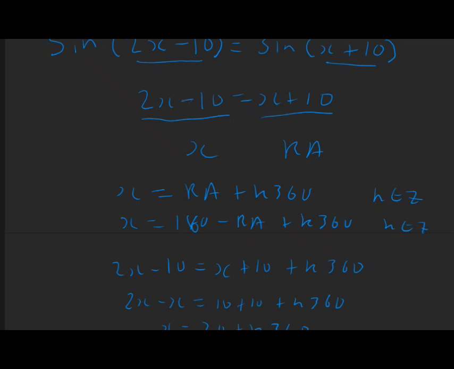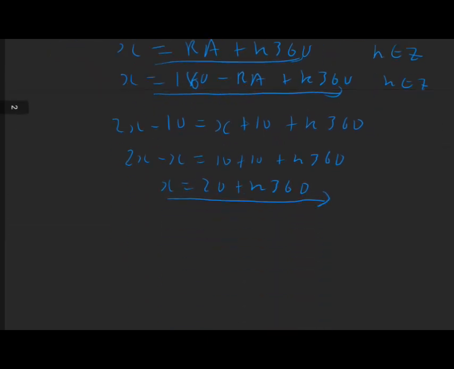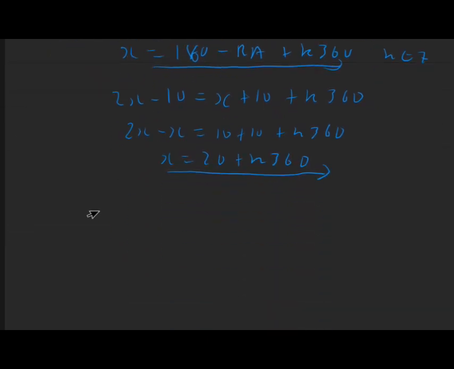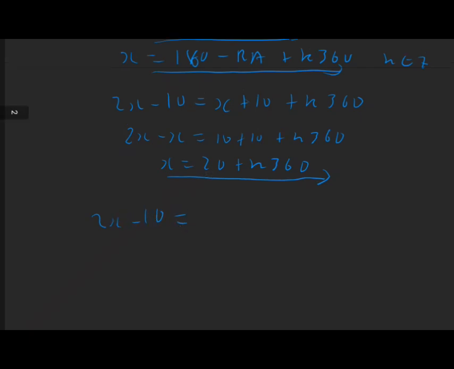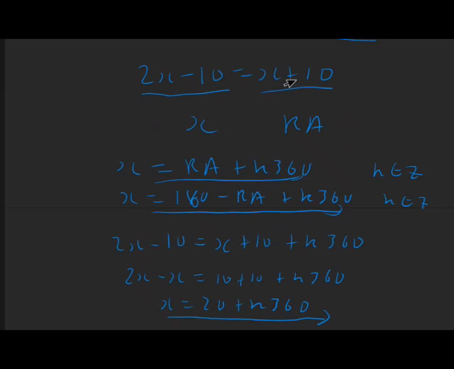So x is 2x minus 10, and I want to substitute it into this equation, because sine has 2 of them. We dealt with the first equation already, we got our answer. Now let's deal with this equation. So I'm going to take this and substitute it in place of x. So I'm going to have 2x minus 10 is equal to our reference angle, which is what is on our right.